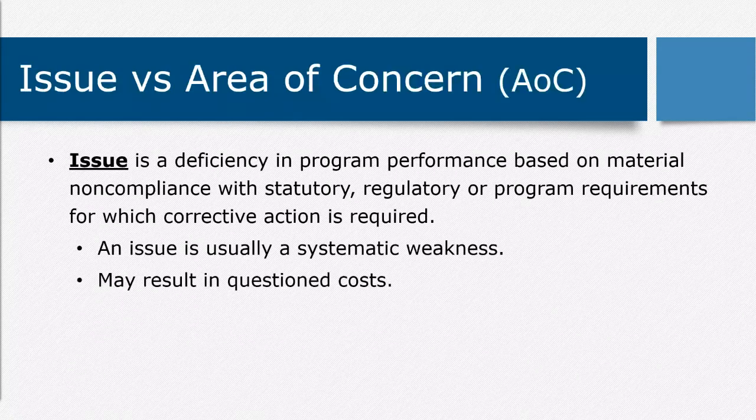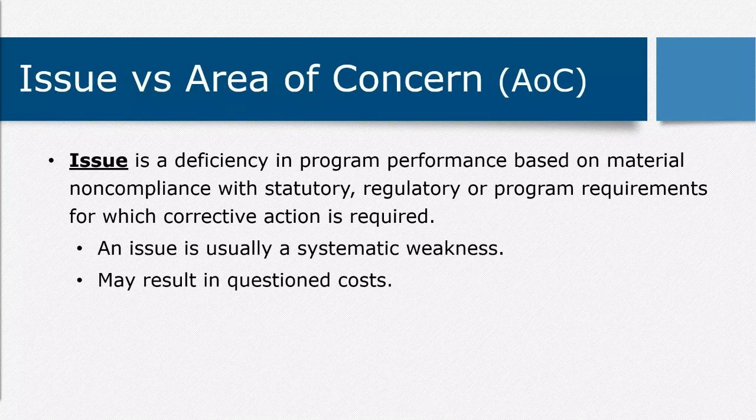Now we should take a minute to talk about issues. If they're discovered during the review, it will be noted on an exit conference report, which we'll discuss in more detail in a minute. It may result in an issue or an area of concern in the final report. Issues are deficiencies in program performance based on material non-compliance with statutory, regulatory, or program requirements for which corrective action is required.